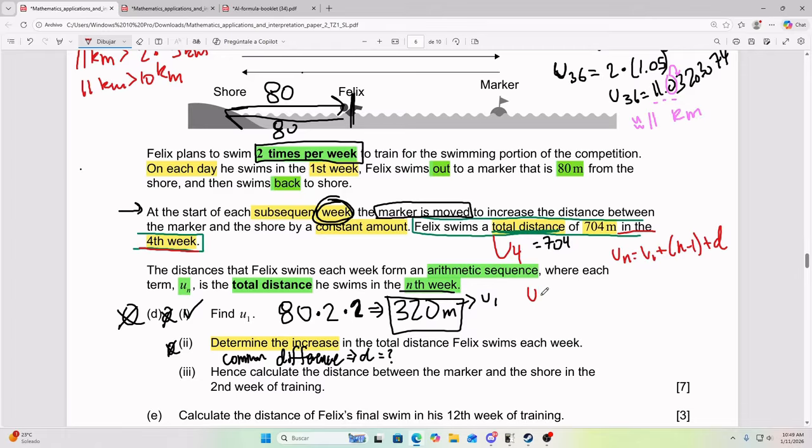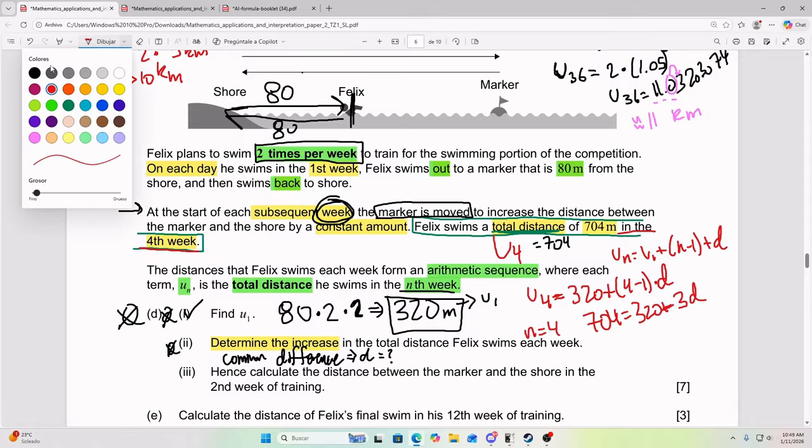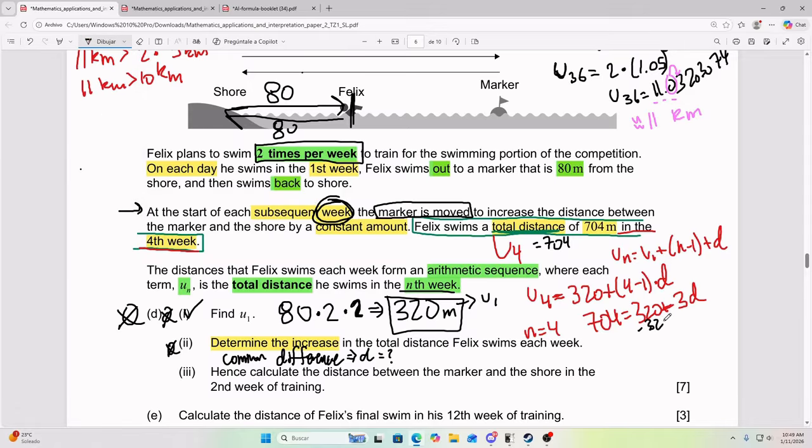So actually, let me first plug in U4, which remember, because there's a 4 here, that means that n equals 4. So U4 equals U1, which we said was 320, plus n, which is 4 minus 1, times d. And now I'm going to plug in this U4 as 704 equals 320 plus 3d. So from here, solving for d, you can do minus 320, minus 320.